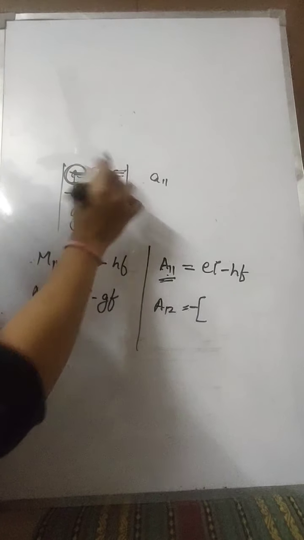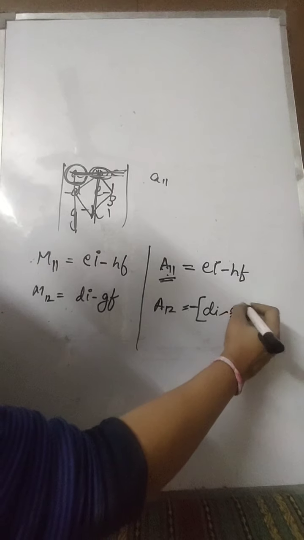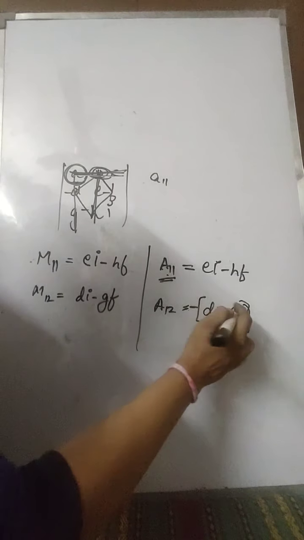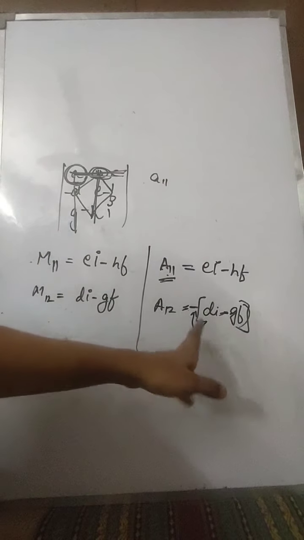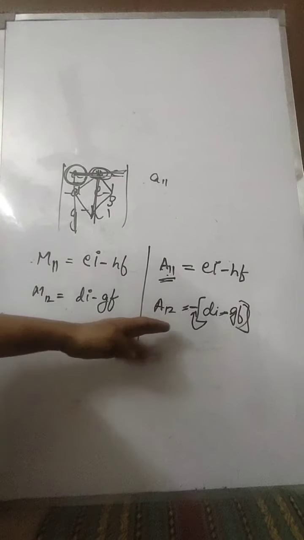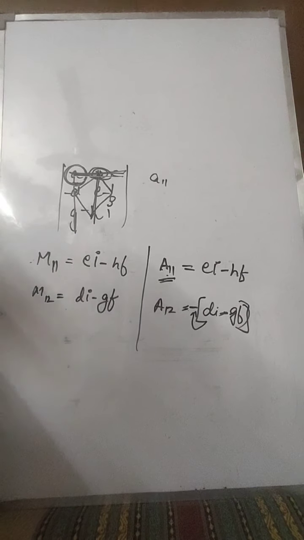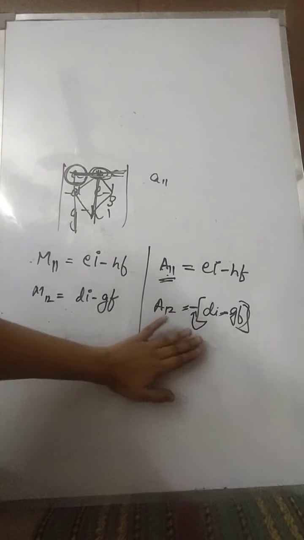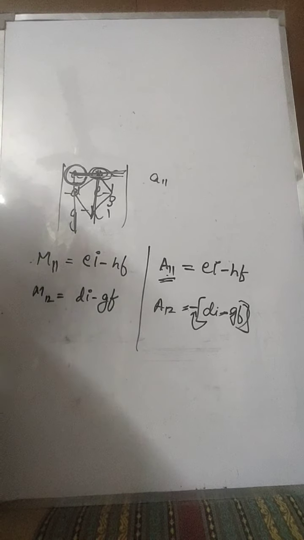Eliminating the row and the column again, D into I minus G into F, nothing else will change. You will just put the minus sign before calculating the value. So this is the difference between minors and cofactors. In minors we do not have to take care of the sign, but in cofactors we take care of the signs.